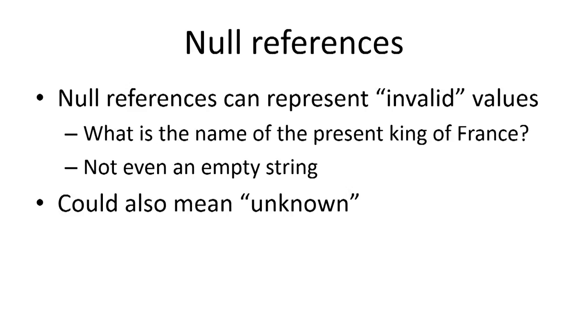Now, you can also use nulls to mean something unknown. So for example, suppose you were trying to do some business logic where you were trying to compute the sales for last December, but not all of the salespeople had reported their sales figures yet. There is an actual sales figure for December. You don't know what it is.